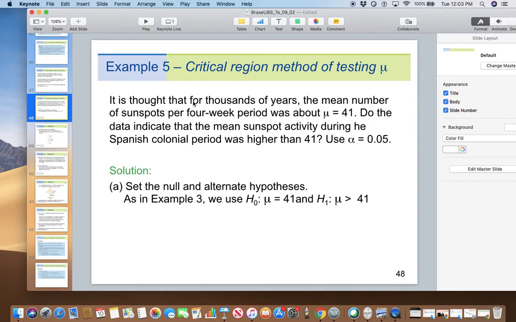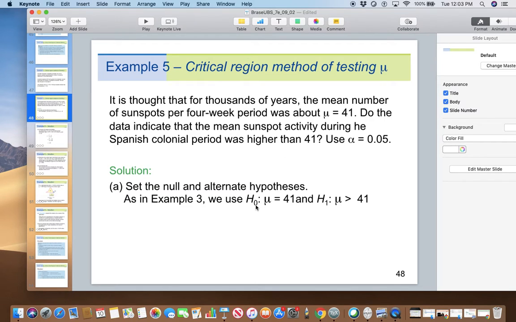Now, it is thought that for thousands of years, the mean number of sunspots per 4-week period was about 41. Mu is 41. Do the data indicate the mean sunspot activity during the Spanish colonial period was higher than 41? Use alpha equals 0.05. So this is essentially the third problem all over again.